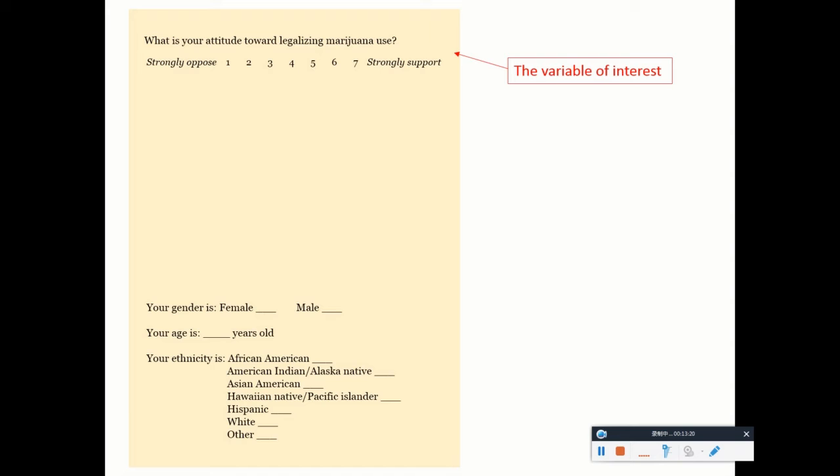And then usually in a very typical survey, right, we will see these kinds of questions. And these questions are what we call demographic questions. That is to gather some basic information about a particular respondent. Of course, usually we don't collect people's names, IDs, or any personally identifying information, just to maintain the anonymity of their responses.